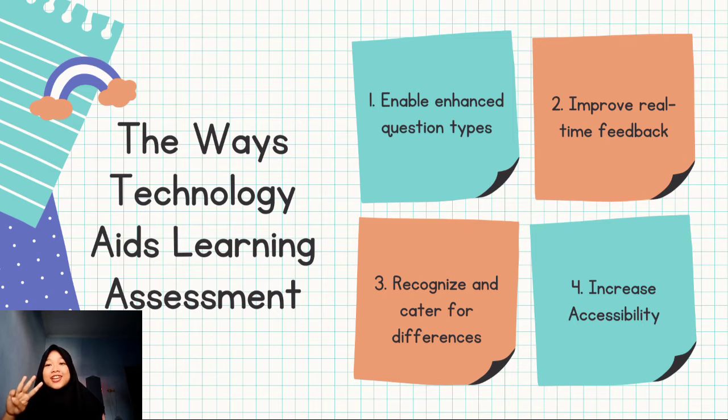And then the third one is recognizing and catering for differences. Along with a variety of online resources for enhancing learning, there are a wide variety of apps available to help teachers assess students depending on their interests, abilities, and personal goals.